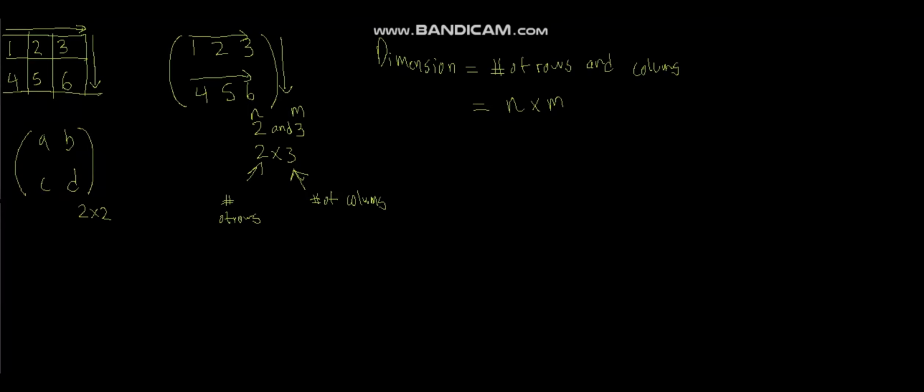Now, some properties of matrices that are of interest to us are addition, subtraction, something called scalar multiplication, something called matrix multiplication, and something called the inverse of a matrix in order to solve simultaneous equations.